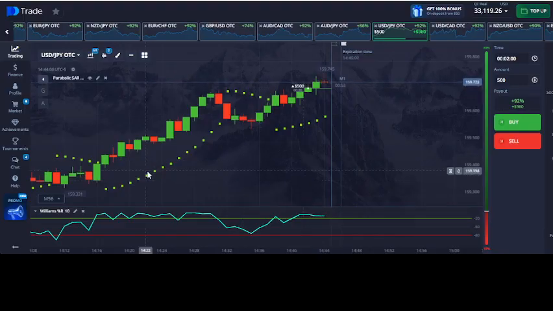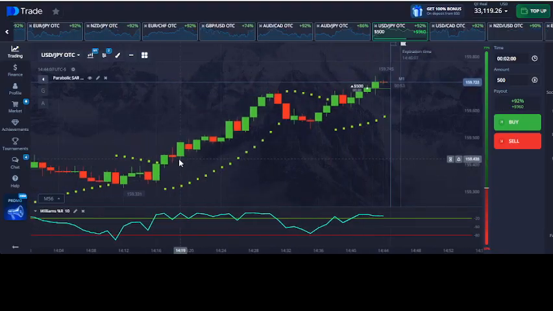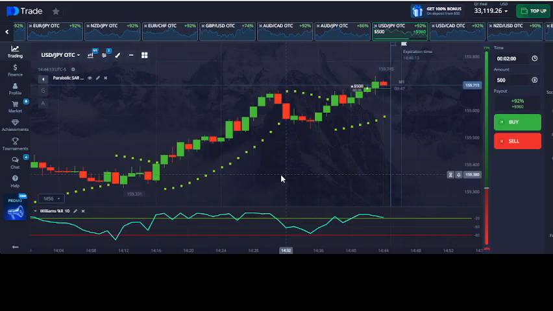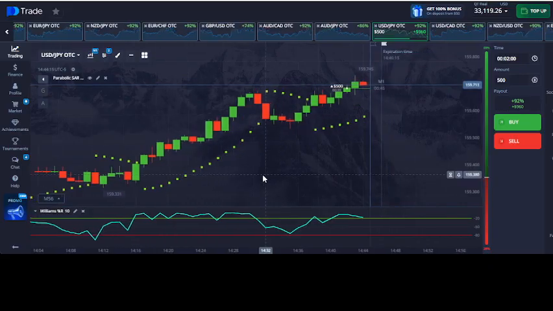We want to trade with the trend. The key is to trade with the price action of the currency pair. So let's wait for the expiration.